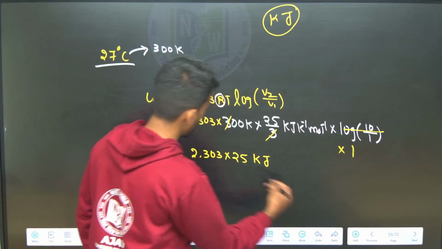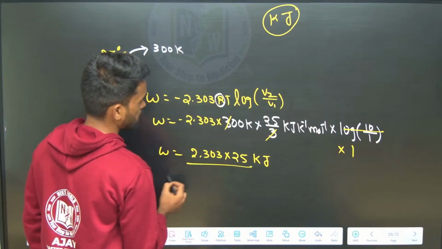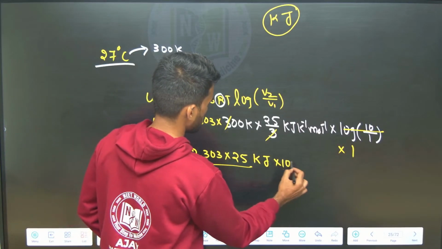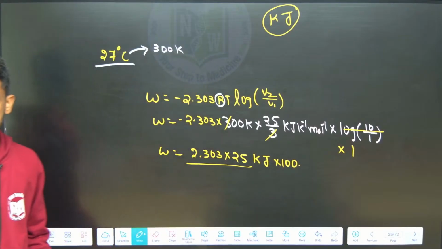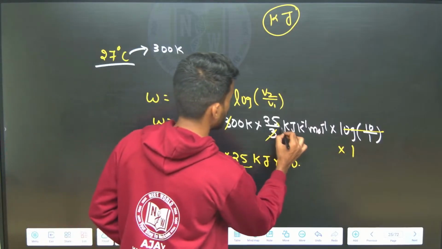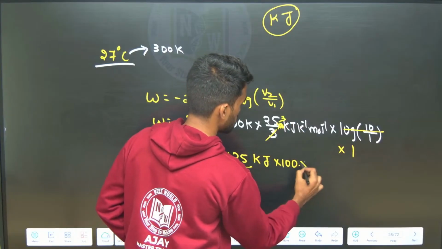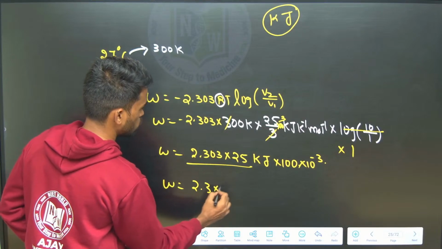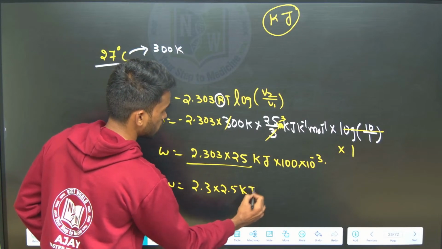So that's it, this will be the answer. Just multiply this, you will get your answer. Into 100 is there now, 200. So this will be into 10 power minus 3, here you have 10 power minus 3. It means 2.3 into 2.5 kilojoule will be your answer.